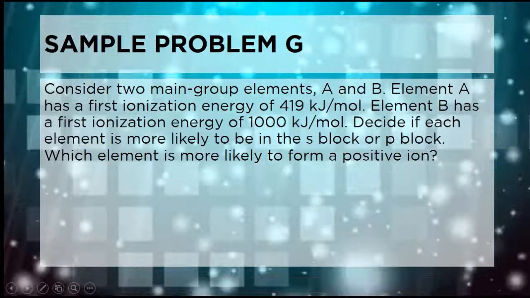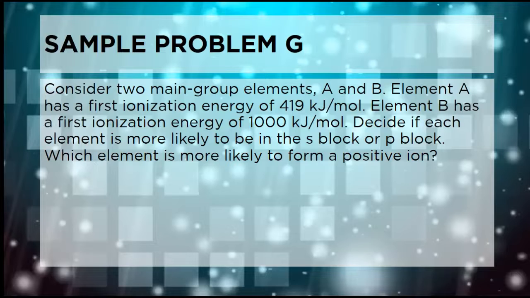So here's my question. Looking at two main group elements, A and B, let's just say one is in the S block and one is in the P block. Do you think the 419, so you've got 419 kilojoules per mole, meaning it takes 419 kilojoules to remove an electron from a mole of that atom, versus 1,000.